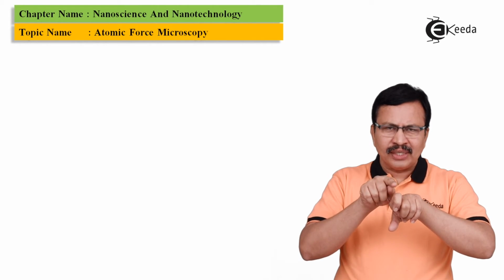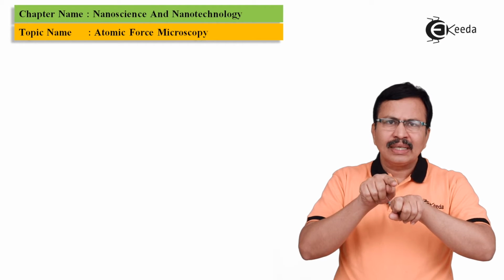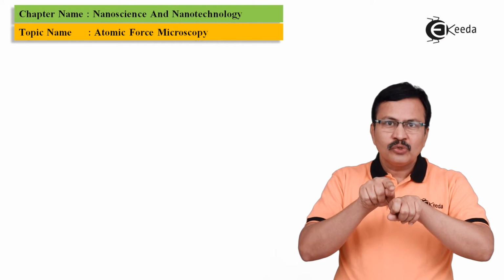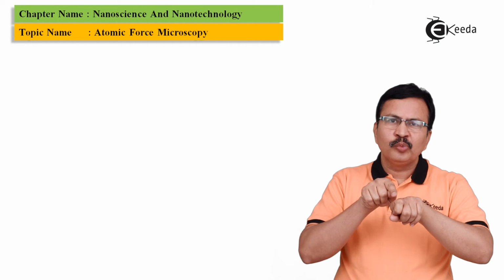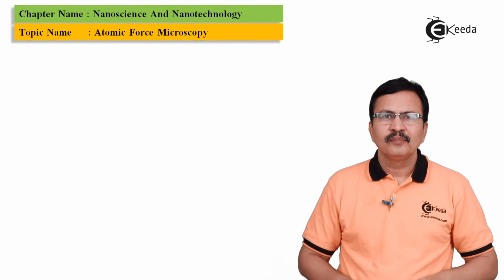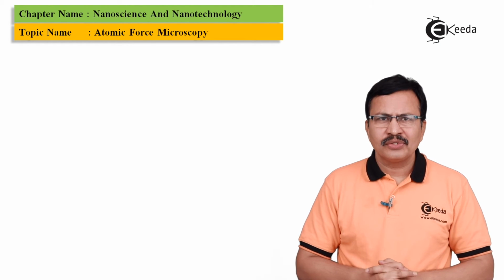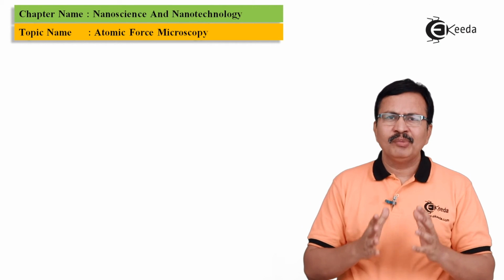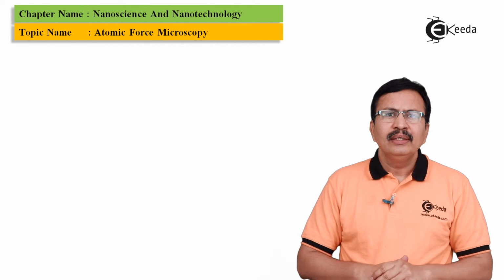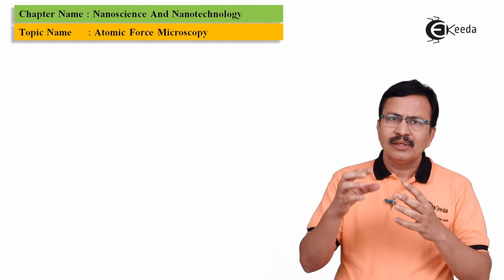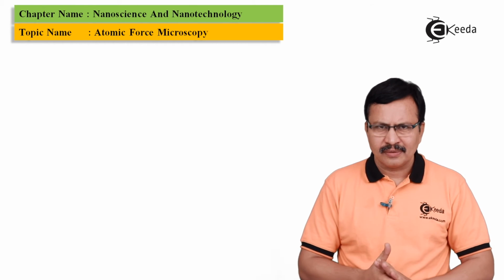You don't allow it to change the value of the cantilever strain. So in this case also, you are actually capturing the topography of the sample. One of the biggest advantages of the atomic force microscope is that it actually works even on wet surfaces.